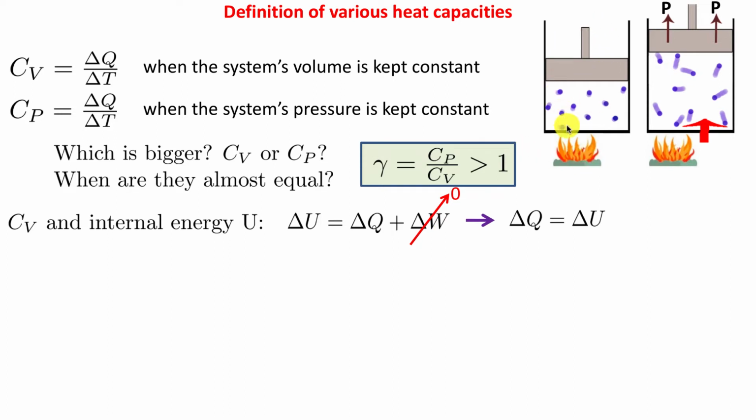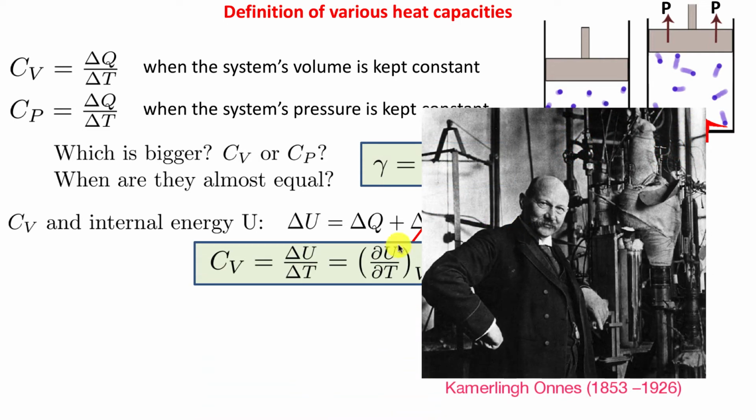Now, in this first case, where the volume doesn't change, no work is being done by the system or on the system, and so delta W is 0, which says that delta Q is equal to delta U. And so that says that Cv is just delta U over delta T.